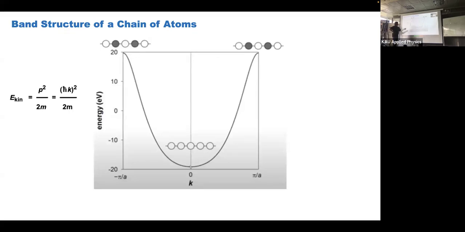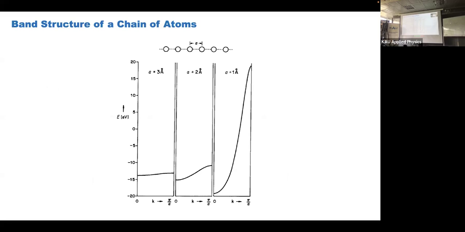And here you see that it can be approximated by some parabola, like kinetic energy p squared or h k squared. Because it depends on the k wave vector, it's easier to work in reciprocal space. And that's why all calculations were done in the Brillouin zone, because it's easy to make this graph depending on this k vector.